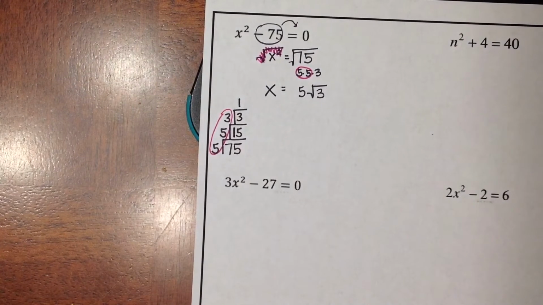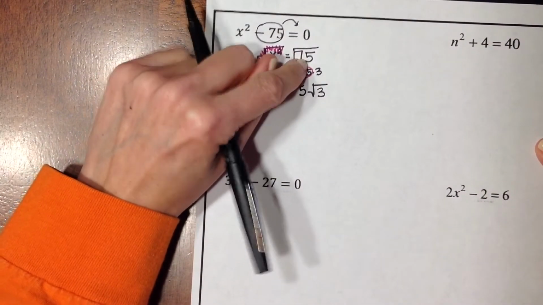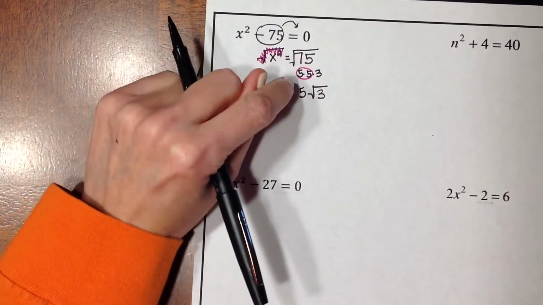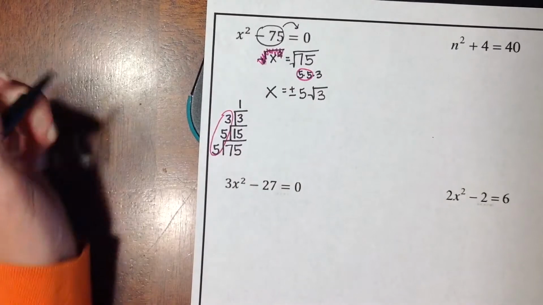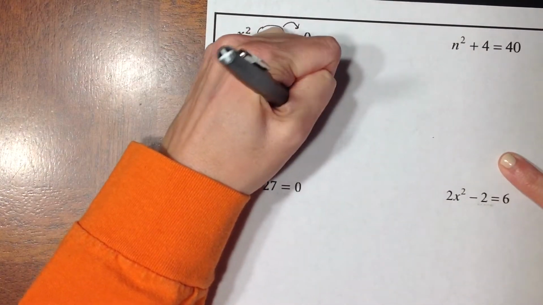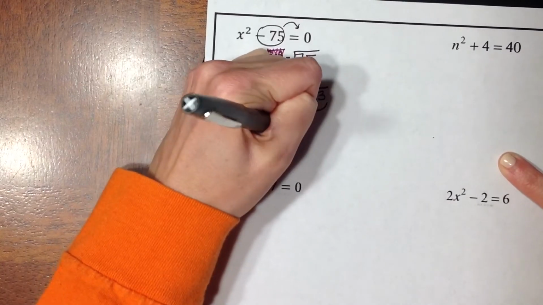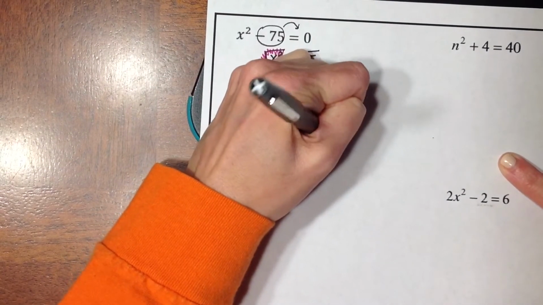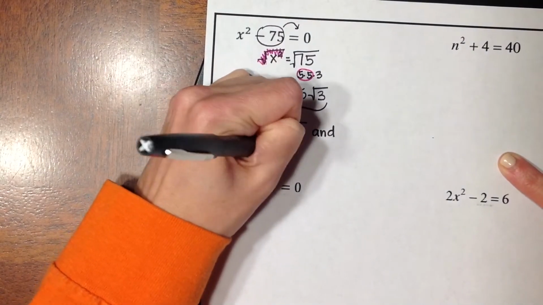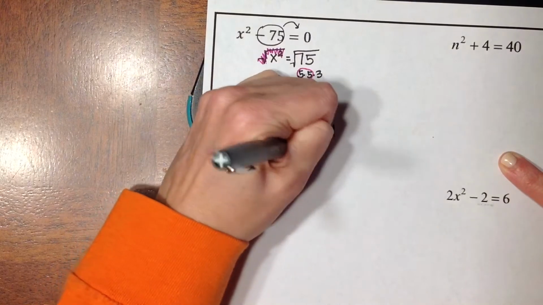Now, if you remember from the front side of our notes, when we take the square root of a positive value, we are going to end up with two answers, a positive and a negative. And that simply means that x is equal to a positive 5 times the square root of 3, and x is also equal to a negative 5 times the square root of 3.